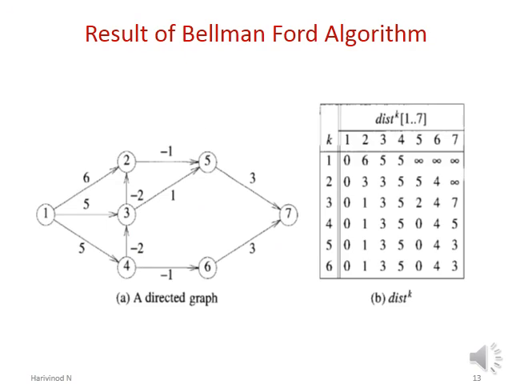Therefore, this is the overall result of applying the Bellman-Ford algorithm to this particular graph. The last row gives the final optimal distance from source 1 to all other vertices.